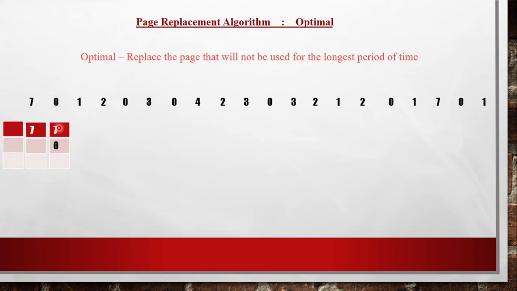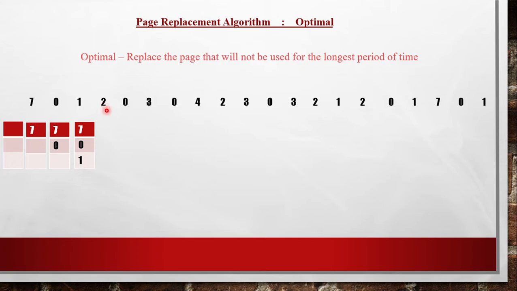So this is the replica of the same 3 frames, where initially it was not occupied by any pages, then by 7, then by 7 and 0, and when reference 1 came, all 3 frames are occupied by 7, 0 and 1 respectively. So now there are no free frames.